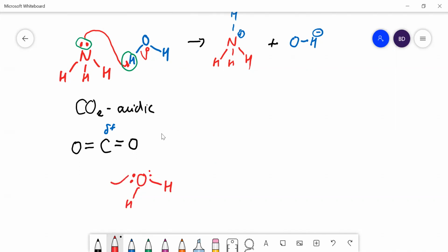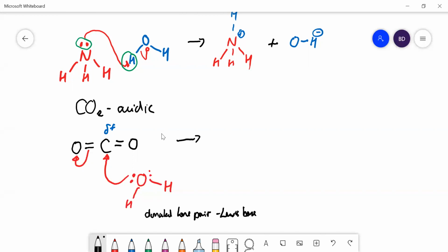This lone pair is going to move onto there, and it can do that because it can break one of the pi bonds. So what has the water done? It's donated a lone pair, so that's acting as a Lewis base, whereas the carbon dioxide, the carbon, has accepted the lone pair, so that's the Lewis acid.